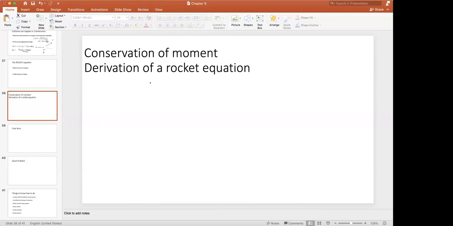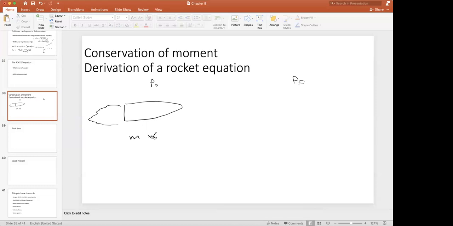The derivation starts with the initial momentum and the final momentum of the rocket and fuel having to be the same. So you have some rocket, and it's got exhaust, and the rocket has a mass, initial, I'm just going to call that M, and the rocket is traveling at some initial speed, okay?